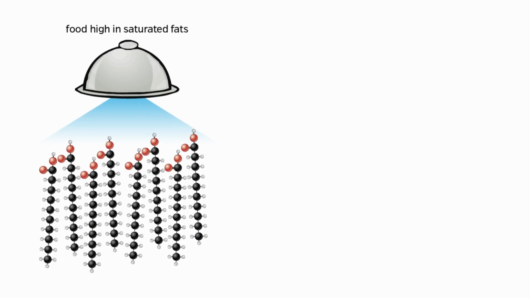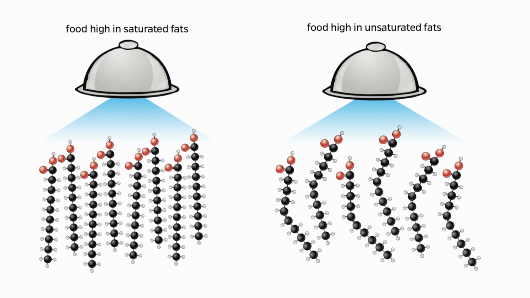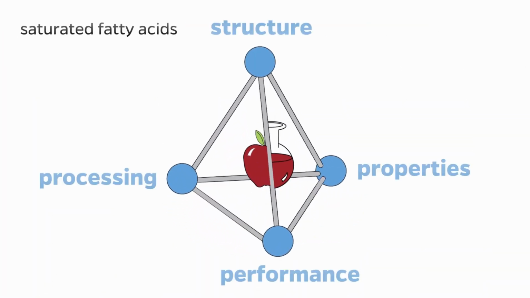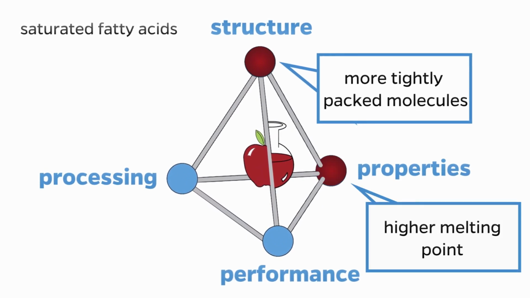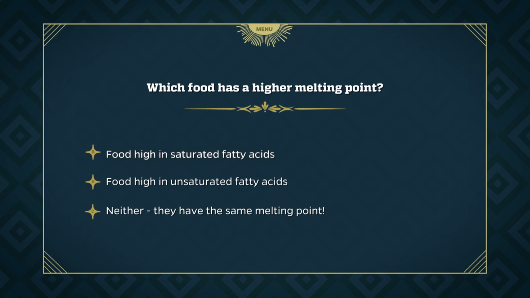Saturated fatty acids are generally pretty straight chains, and you can see that the fatty acid molecules pack quite well together. In comparison, unsaturated fatty acids are bent, and the molecules don't pack as nicely together. Therefore, since saturated fatty acid molecules pack more tightly together, you need more energy to separate those molecules from each other. That means saturated fatty acids have higher melting points than unsaturated fatty acids.